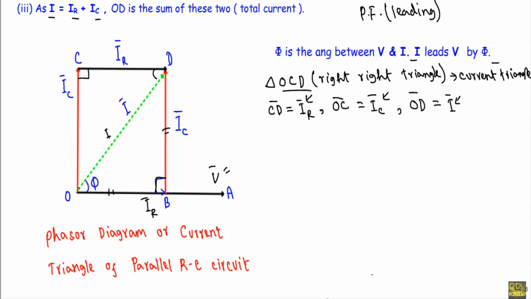Now look at the triangle OBD. This angle is 90 degrees, so this will be another right triangle.